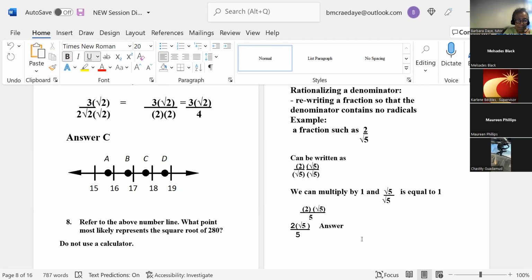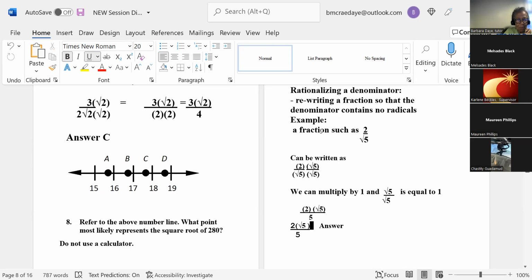You're saying if you say 5 times 5 is 25, instead of putting 25, you just put 5 there. No, that's not what I'm saying. Oh, I'm sorry. Okay. Here's what I'm saying. Rationalize 2 over square root of 5.